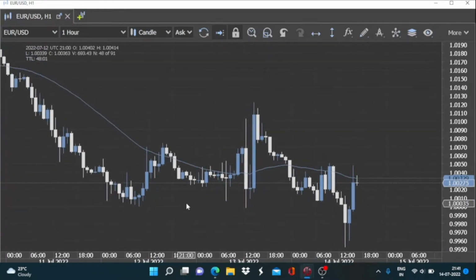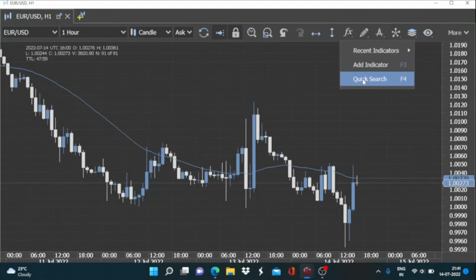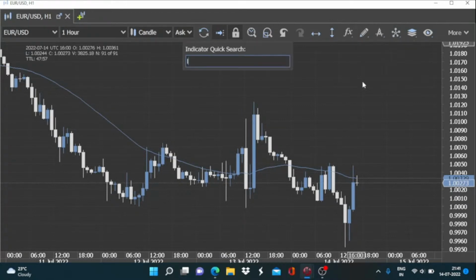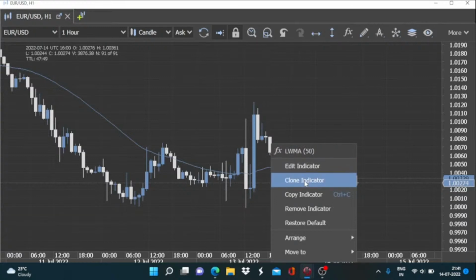You can also make it a combination of two different candle period LWMAs, where you use a lower time frame and a higher time frame LWMA, and you use a crossover structure. When the lower time frame LWMA crosses above or below the larger time frame LWMA, you can take it as a signal of a bullish or bearish formation respectively.